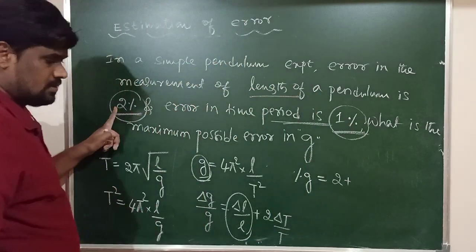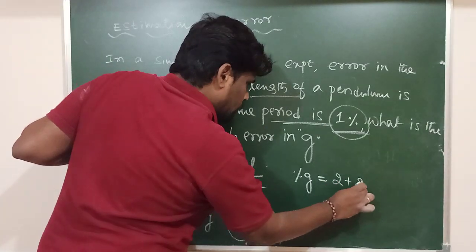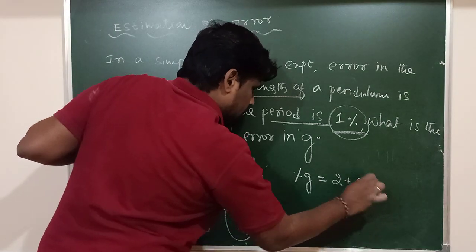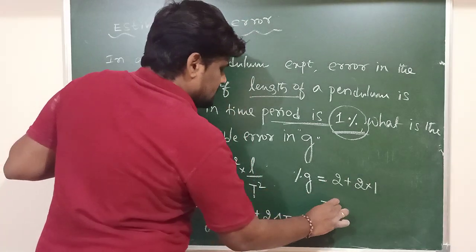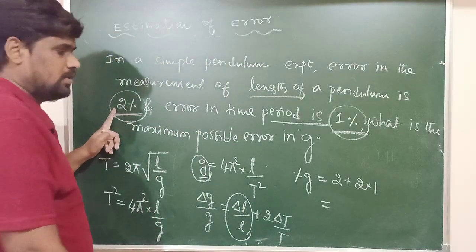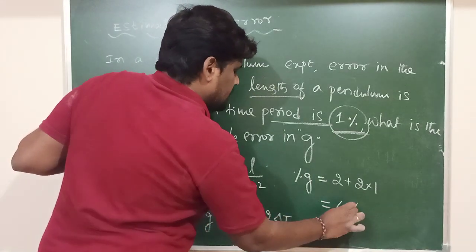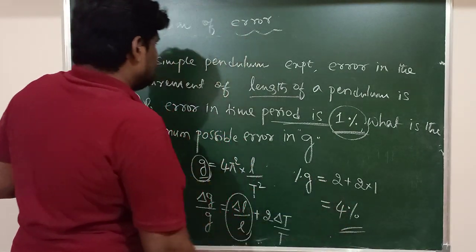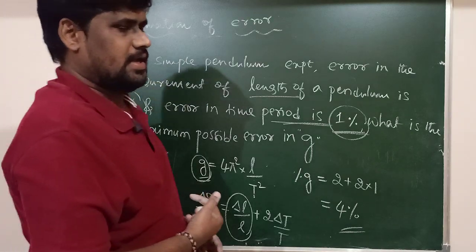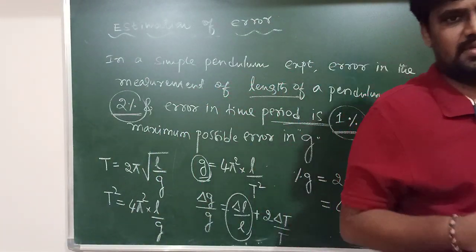It is 1%. Therefore, 2 times 1%. Total, what is the percentage of error? 2 plus 2, it is 4%. This is the maximum possible error in the estimation of G.